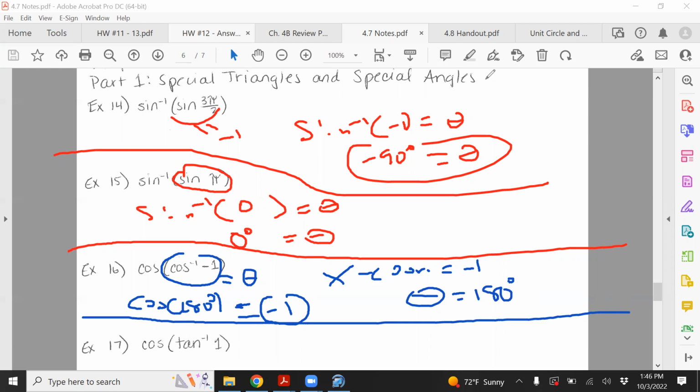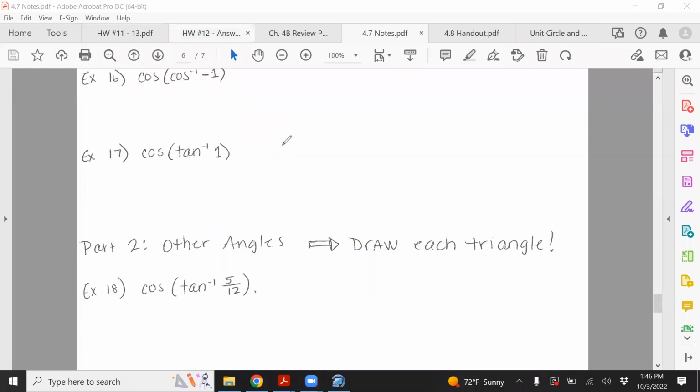Okay, lastly, 17 before we do 18 to 20. Inverse tan of 1. So you want y over x to equal 1. And remember, this is theta, right? So tan theta has to equal 1. Where does that happen? Where's y over x going to be 1 on the unit circle?